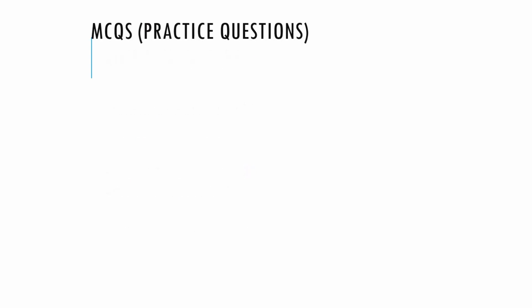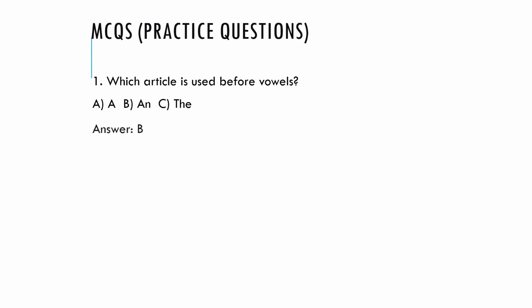Let's test our understanding. Read each question carefully and think before answering. Do not immediately look at the answer. Try to solve it by yourself. Which article is used before vowels, a or an? Correct answer is B, an. The sun is dash star. A or the?